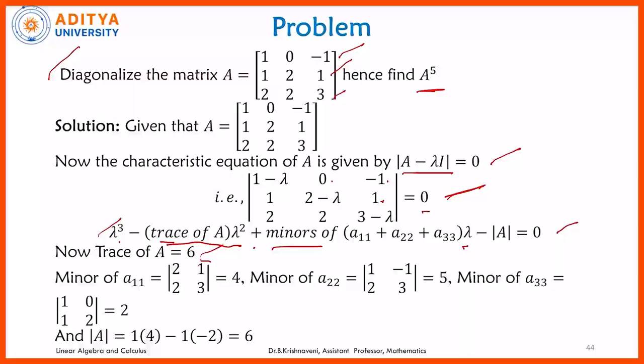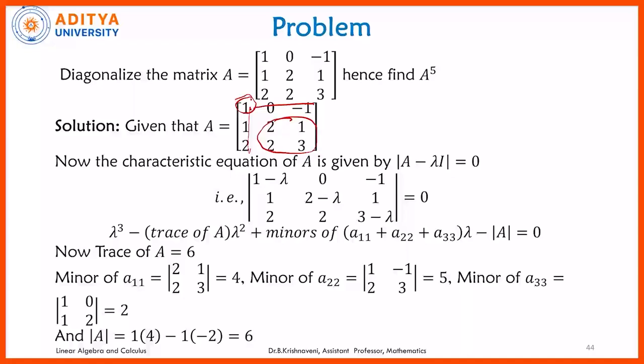First, let us find the trace of A. Trace of A is the sum of the diagonal elements, 1 plus 2 plus 3, which is equal to 6. Now, how to find minor A11? Consider the element A11, and consider the elements which do not contain it, and find their determinant, which gives minor A11.